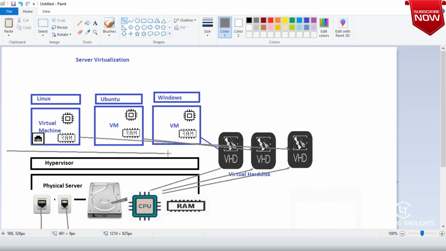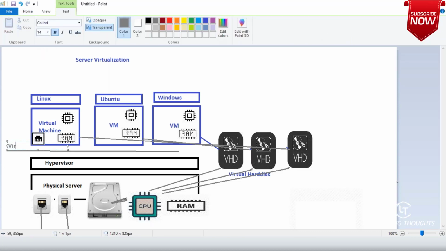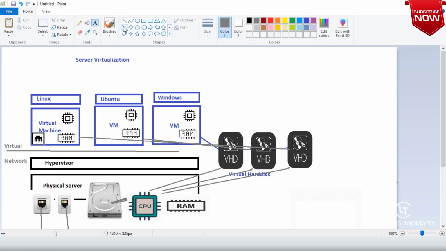You will have a virtual network. Am I clear on this? So your system will be connected to virtual networks. Am I clear on all of this?